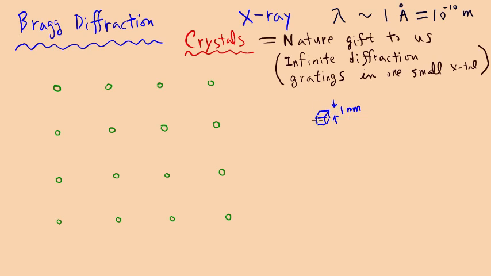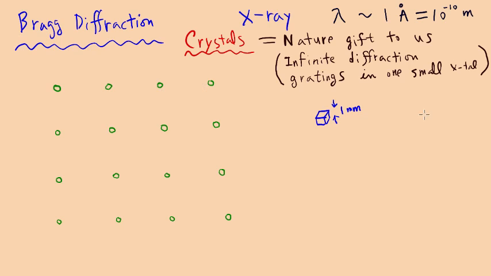If you have a large crystal, you can grow a very good quality crystal, but it's extremely hard. Large crystals tend to be composed of multiple crystallites and so on. So 1 millimeter is actually a typical size of crystals in scientific experiments.